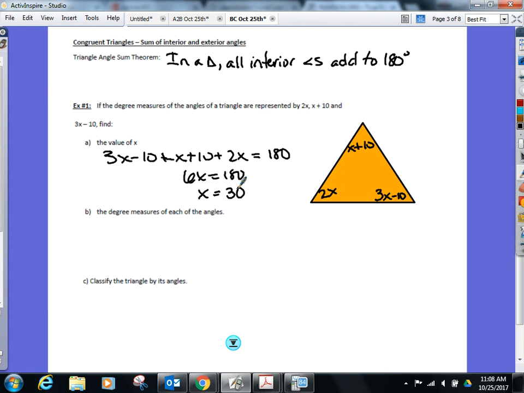Find the degree measures of each of those angles now. Take your value of x, which was hopefully 30, and plug it back into each angle, and I'll ask somebody what all three angles are.